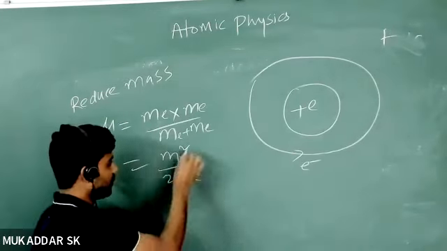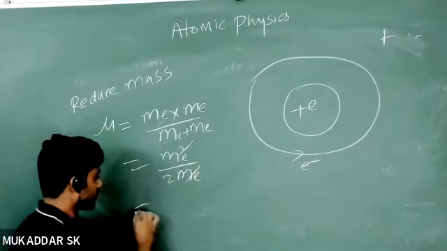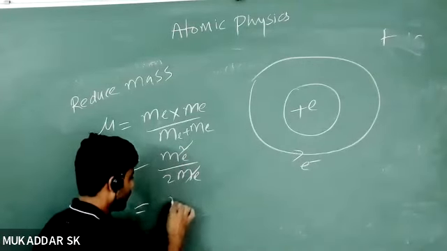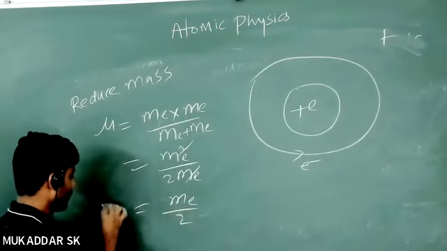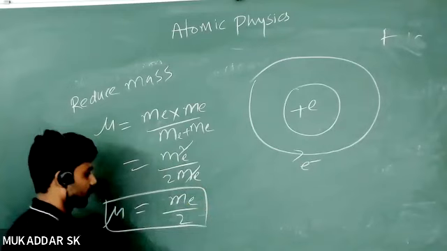So one me will be cancelled. The reduced mass of the system is basically the mass of electron divided by 2.